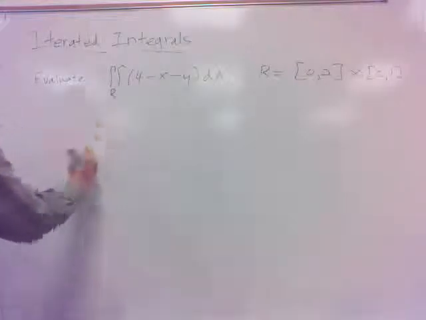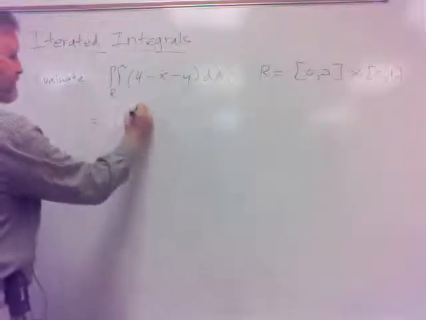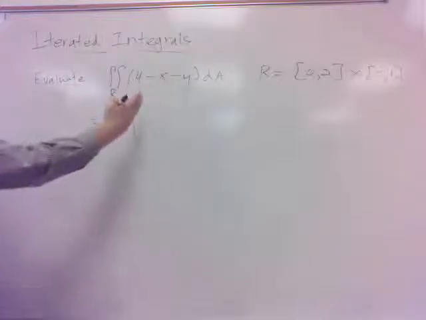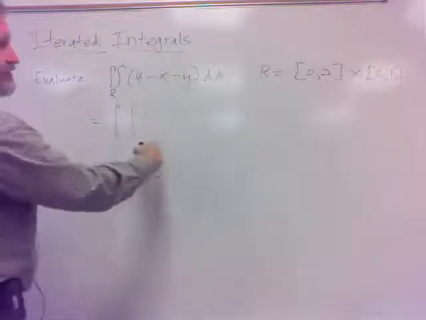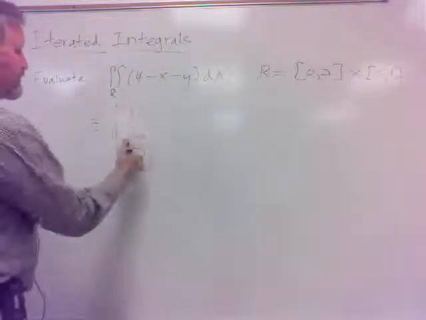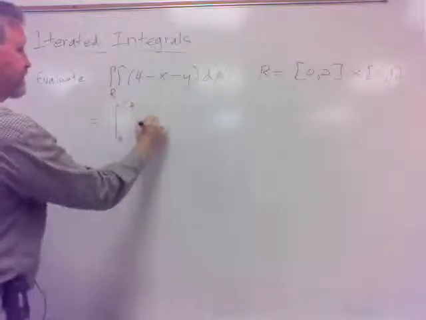So this would be equal to, if it's like this, we have our choice. It looks like the x and the y are just about the same as far as complication there, so I don't think it's going to matter. So let's do the x's first, so 0 to 2 and then 0 to 1.